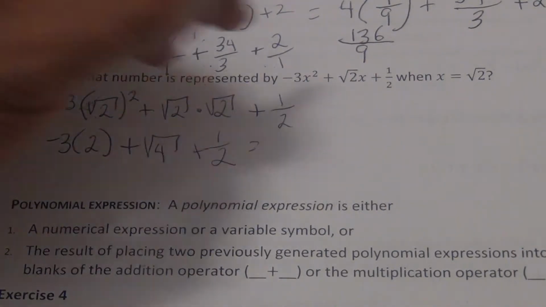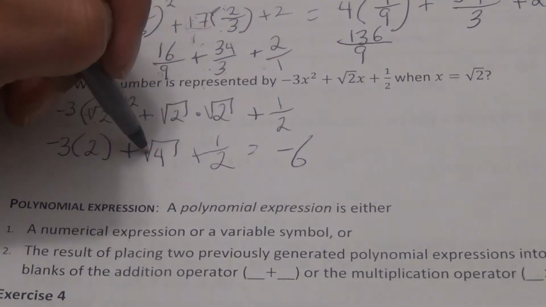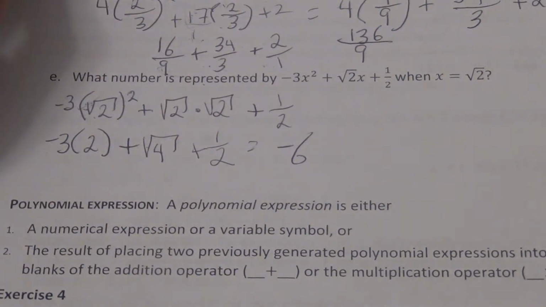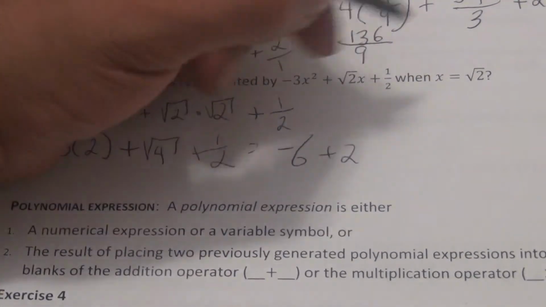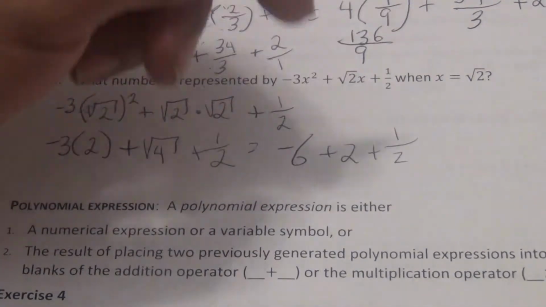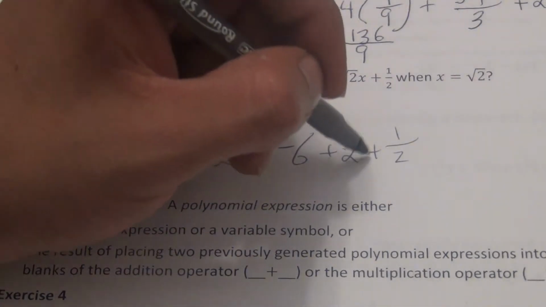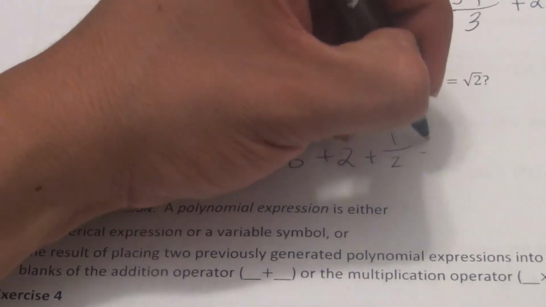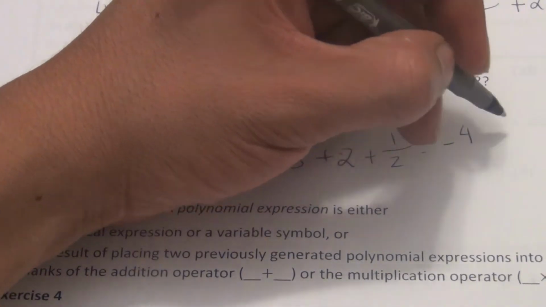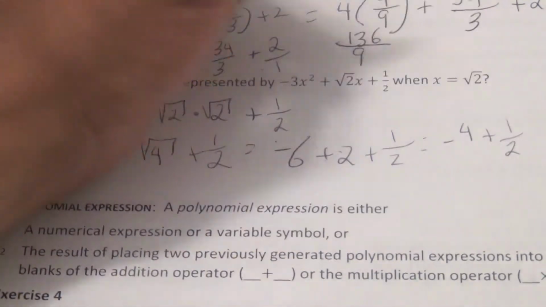So what you have is negative 6, plus radical 4, which is 2. Negative 6 plus 2 is negative 4. Negative 4 plus 0.5, so you have negative 4 plus 1/2.